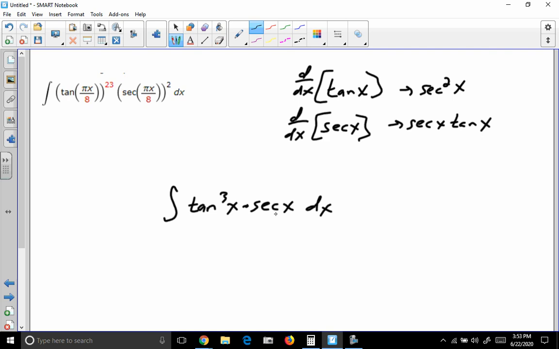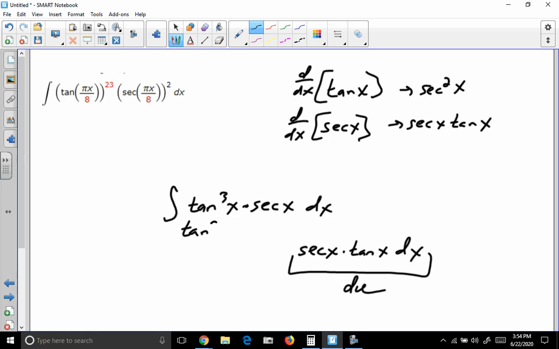That could be secant to the 1st, that could be secant squared or whatever. But we're going to keep, with that secant, we're going to keep the tangent. That's going to be our du. Once we take one of those tangents out, we're going to take the other tangents. We're going to change all of that stuff to secants. So if u is secant, then one tangent that we kept with a secant, that's going to be the derivative of that.